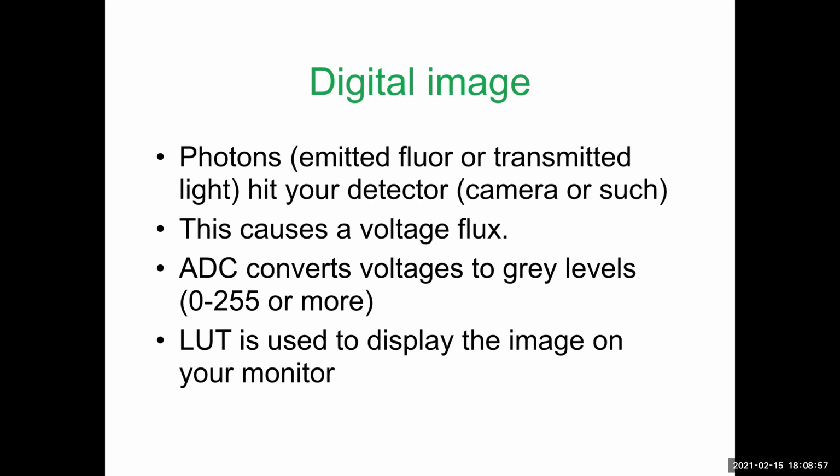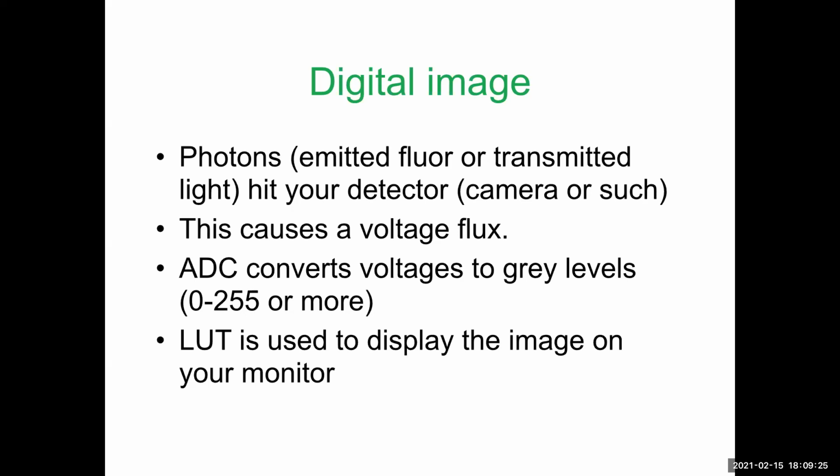And then your camera is turning that into surges of voltage fluxes. So now we're talking electrons, and we're assigning gray levels to each pixel. To each part of the chip, we're assigning a number. That is your output. That is what your computer sees. The file for your image is just a series of numbers with location. That's all it is. It's numbers.